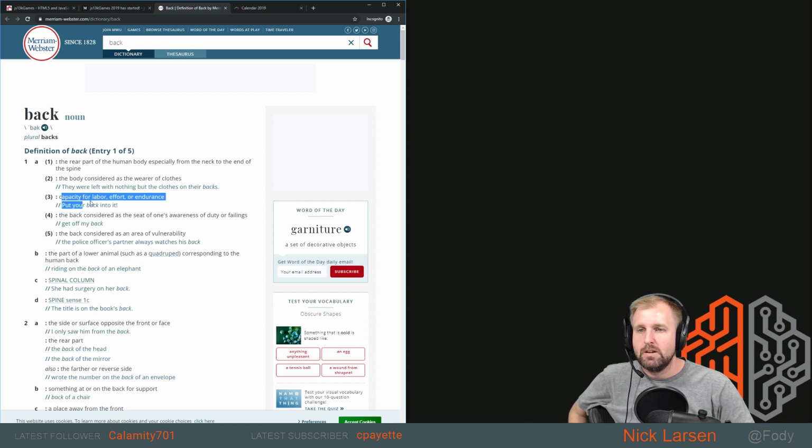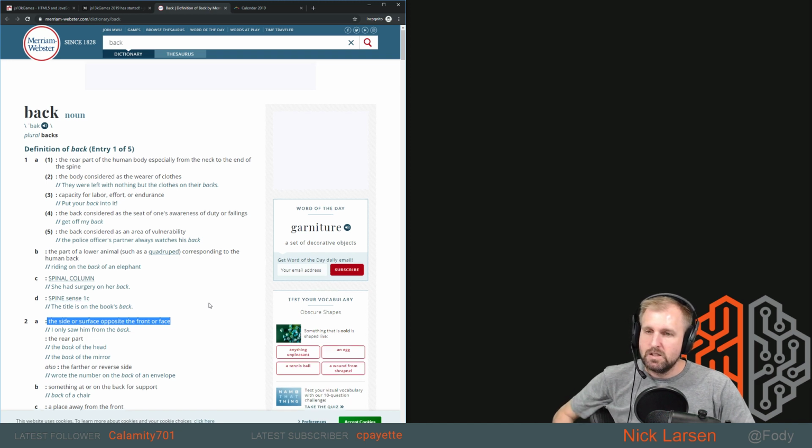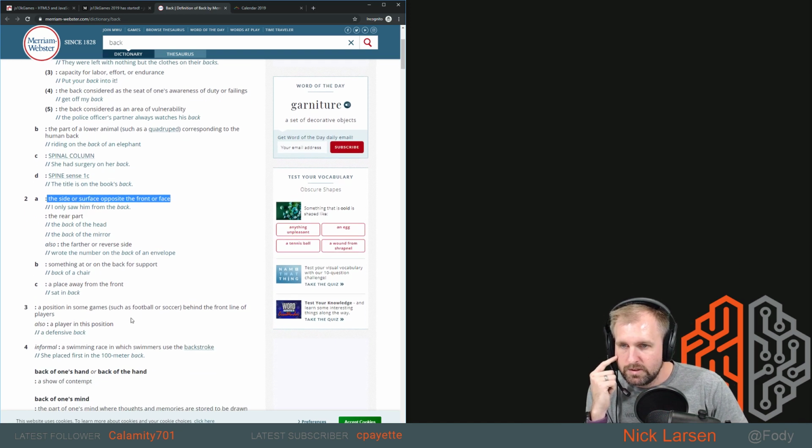Capacity for labor, effort, or endurance. Okay, let's just go to the main definitions, right? The side or surface opposite the front or face. A position in some games.